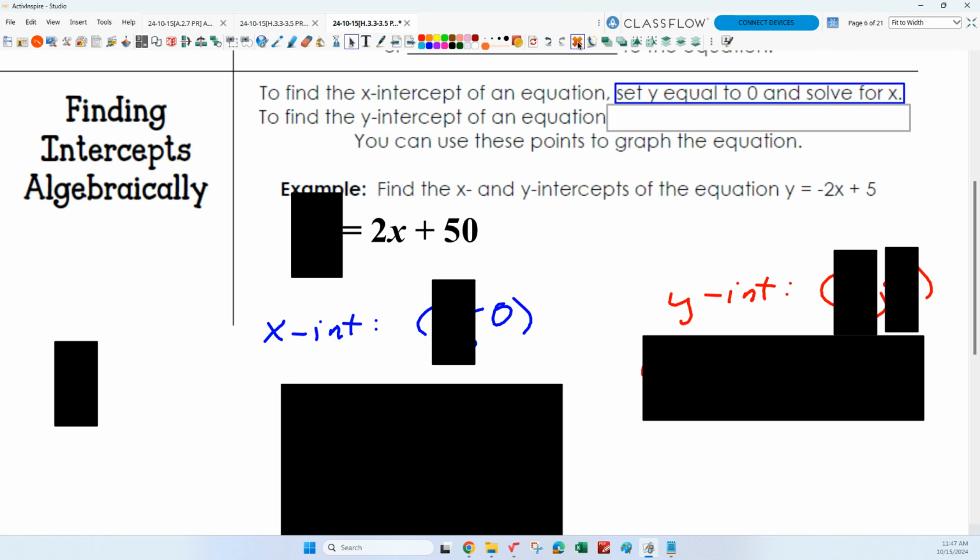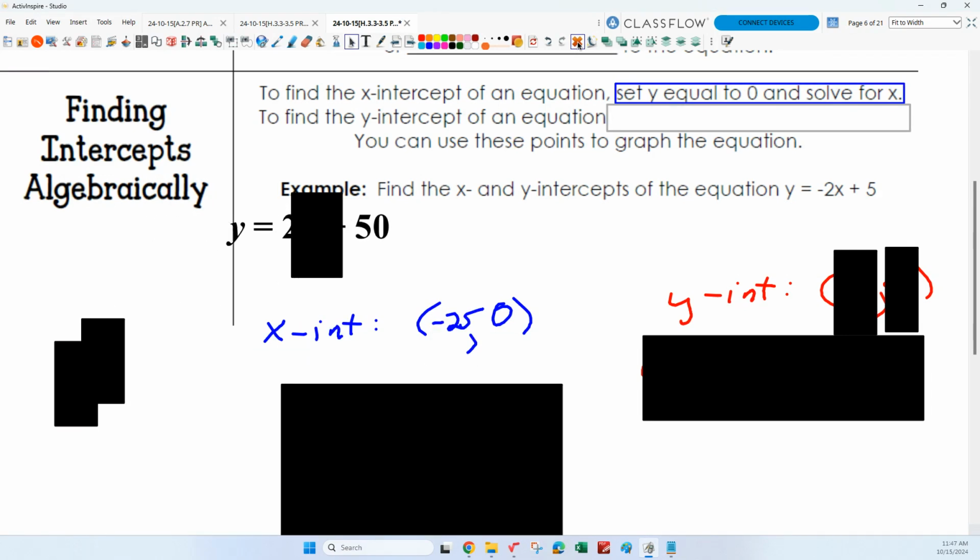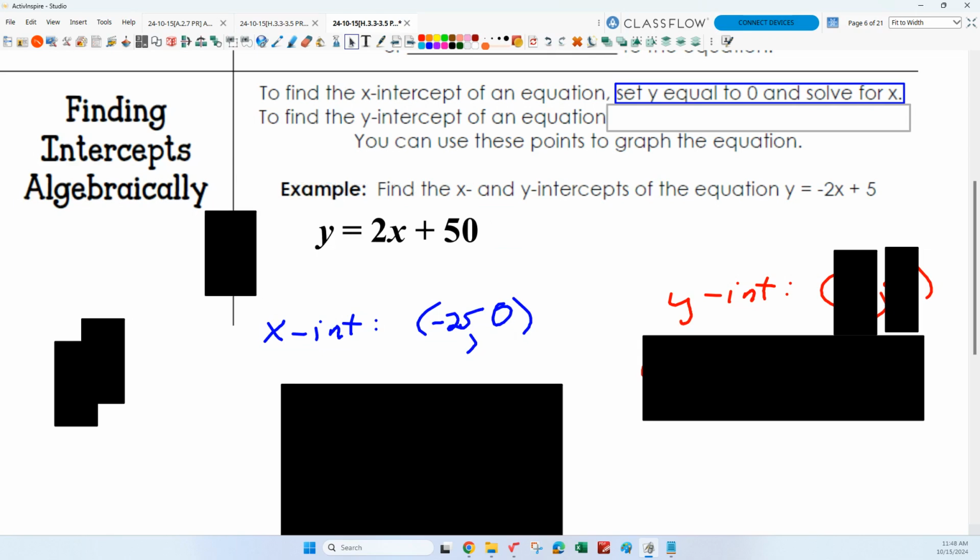What are the 2 steps to solve for x? So what do you get? -25. Done. Easy, right? Okay, well now, what would my corresponding strategy be for finding the y-intercept? Set x to 0 and solve for y.